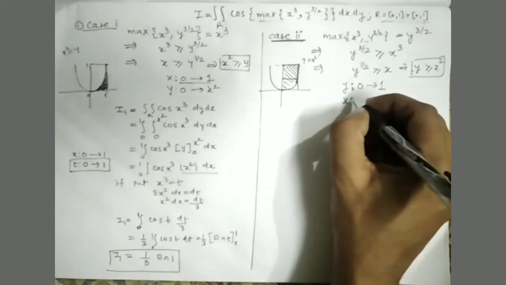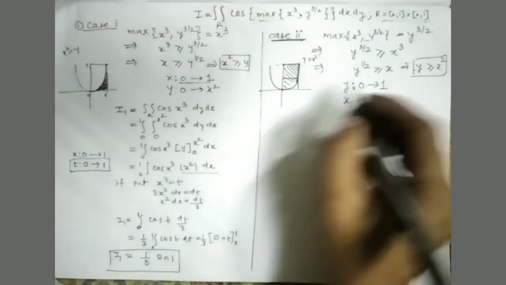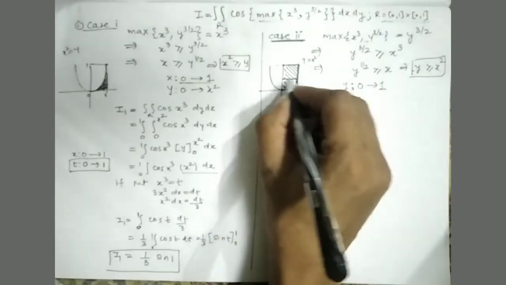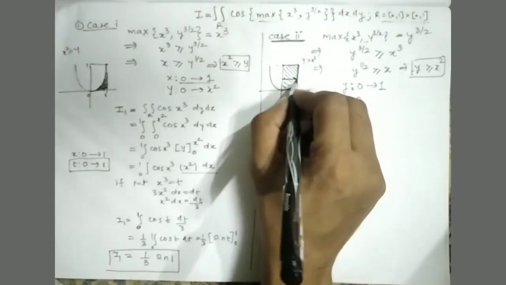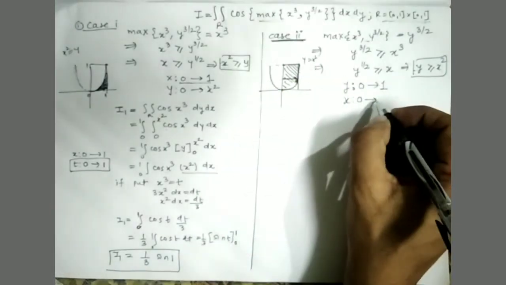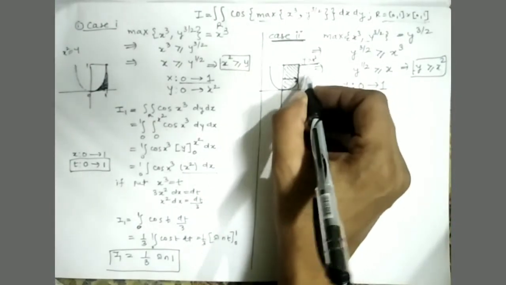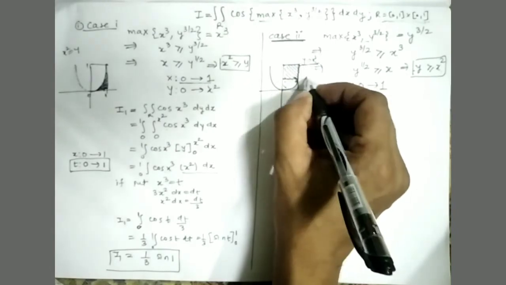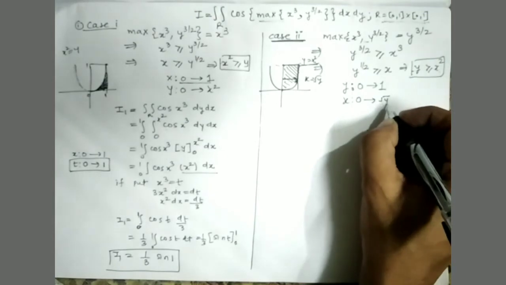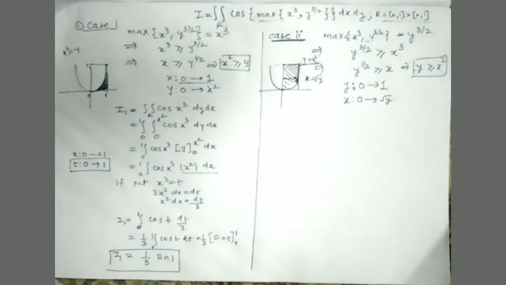And what are the limits for x? x starts from 0 and ends at the parabola. If x square is y, then x is root y. So the upper limit for x is root y.